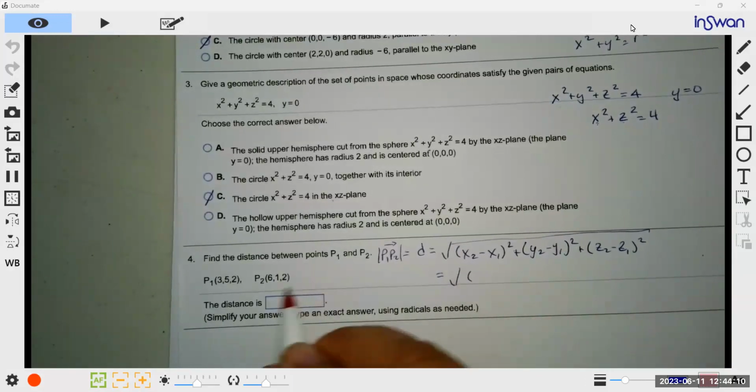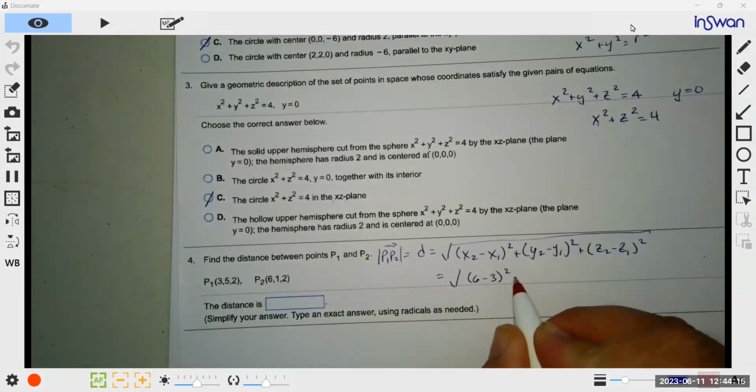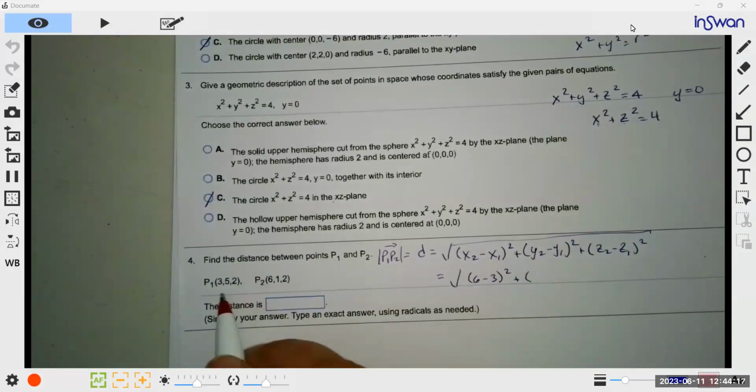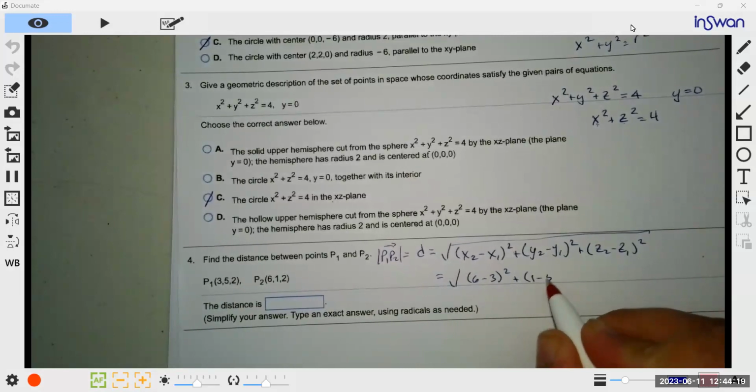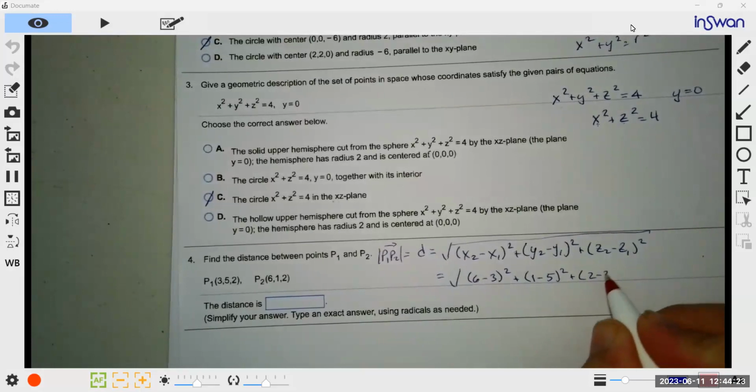So we have 6 minus 3 squared, 1 minus 5 squared, and 2 minus 2 squared.